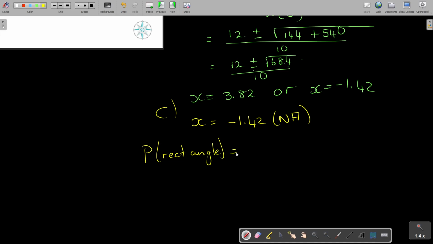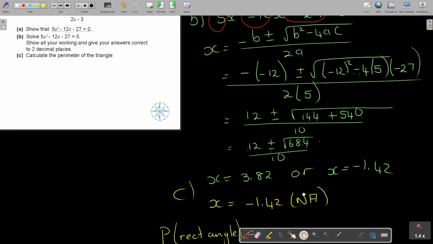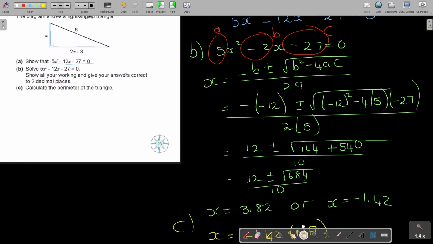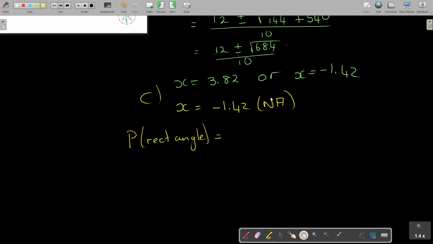And that is going to be, let's just go back, x plus 2x minus 3 plus 6. Otherwise, you can work it separately and then just add it. But it's fine. So I know now the value that I'm taking.